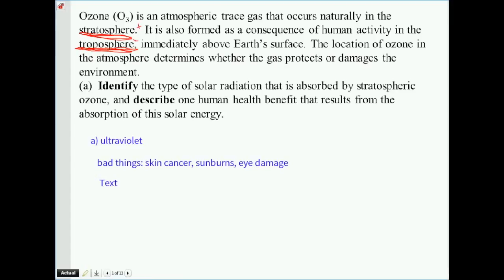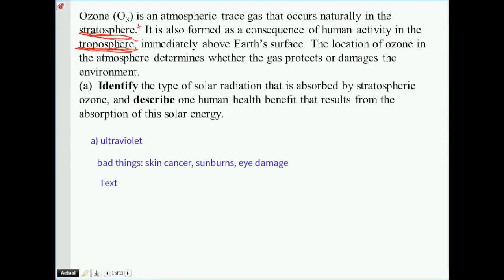All you have to do is take these bad things and turn them into good things. That would be your benefit. So instead of skin cancer, you can say lower rates of skin cancer. Or if sunburn is something you can get from solar radiation, you could say less sunburn or a lower rate of sunburn.